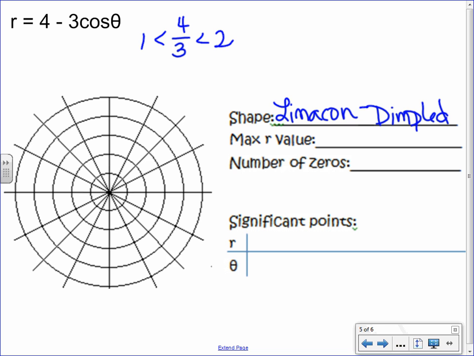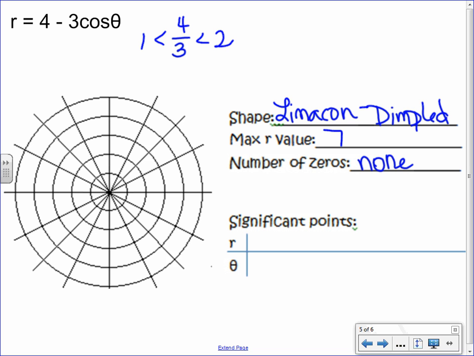And that's our value we get from 7, because it's A plus B. Now, we know the number of zeros without actually making the graph: 0. We're not going to touch the pole with a dimpled or a convex limacon.